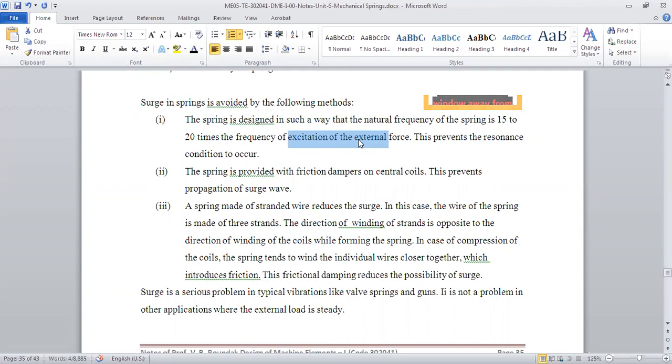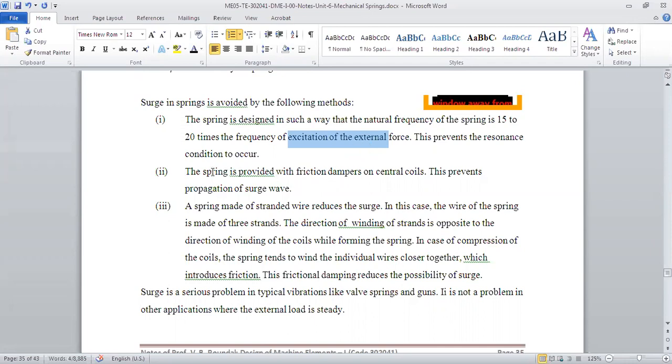I will repeat: if our spring is getting compressed and extended 20 times per second, we make its natural frequency 15 times more. 15 into 20 is 300, so 300 times per second, that means 300 hertz. This will avoid the resonance.